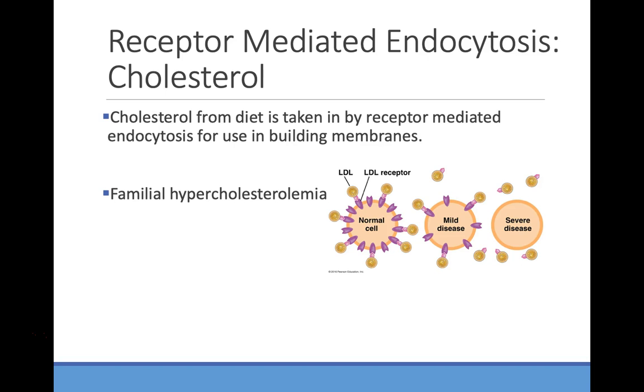In mild disease, there are limited receptors, and in severe disease, there are no receptors. When those LDLs are not brought into cells, they accumulate in the bloodstream, and this can lead to heart damage and stroke because those lipid molecules can form deposits on the walls of blood vessels, and this narrows the vessels and impedes blood flow.